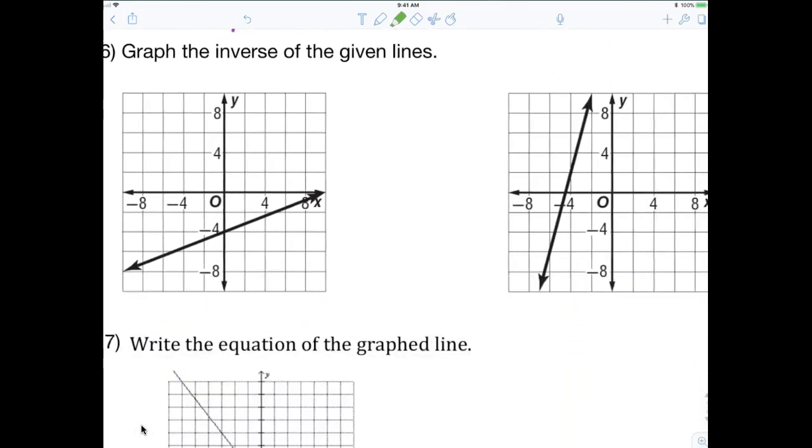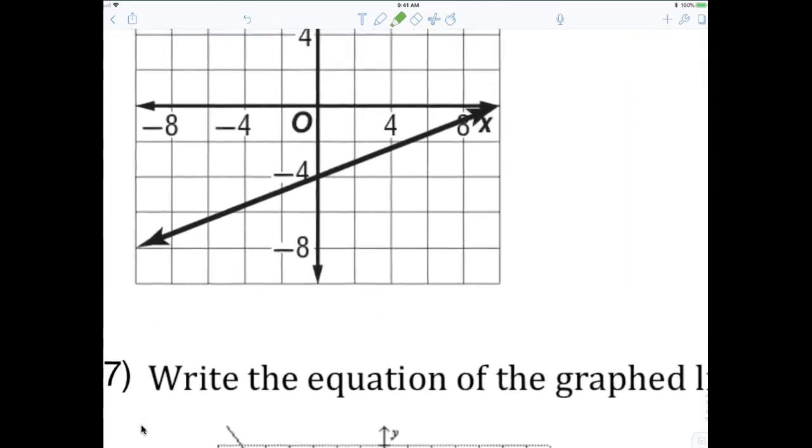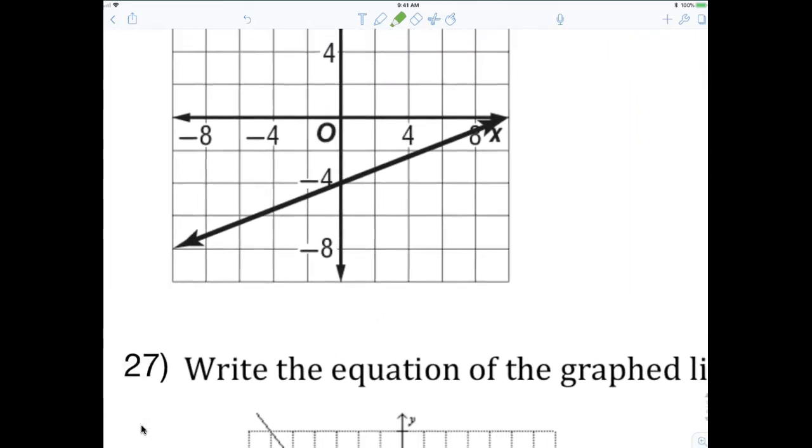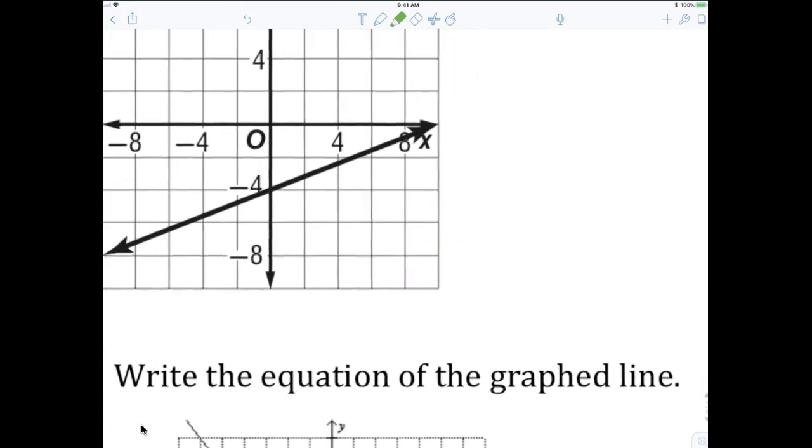Now, graphing the inverse. I tried to just practice for these. So right now, what 2 points are on the graph? Somebody tell me. -4, 0, and 10, 0, correct?